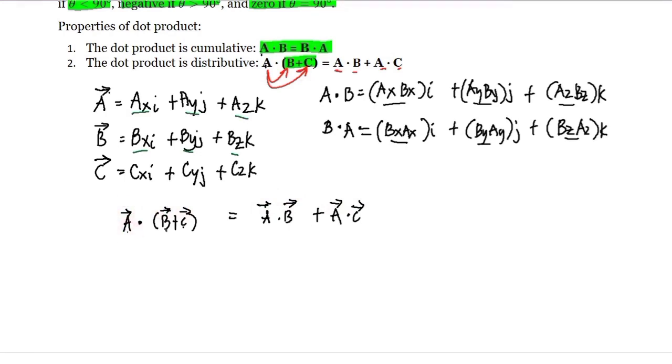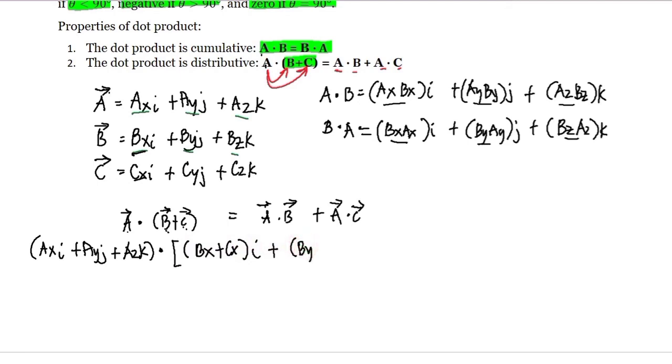So for the vector A, we have AXi plus AYj plus AZk, dot the sum of B and C. For the sum of B and C, that's X plus X, so we have BX plus CXi plus BY plus CYj plus BZ plus CZk.